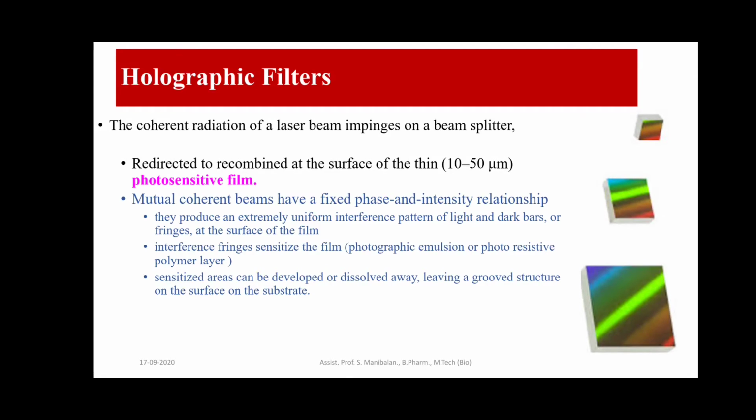They produce an extremely uniform interference pattern, light and dark bars, or fringes, which are nothing but lines on the surface of the film. Okay, the fringes sensitize the film, which has a photographic emulsion or photoresistive polymer layer. Sensitized areas are developed or dissolved away, leaving a grooved structure on the surface of the substrate.